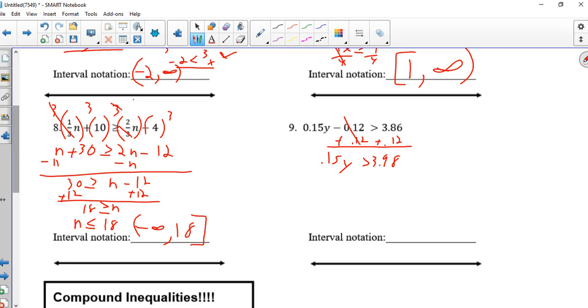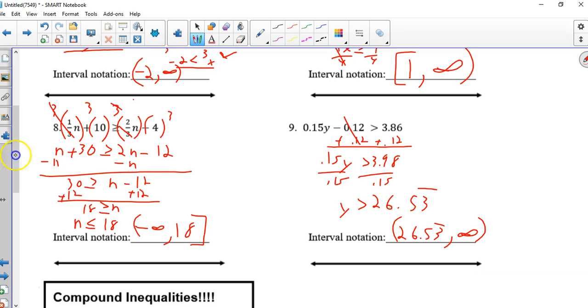So 3.98 divided by 0.15 is y is greater than 26.53, repeating, and that's okay. So we have 26.53 repeating. It's greater than, so we're just going to use parentheses, and it's going towards positive infinity.